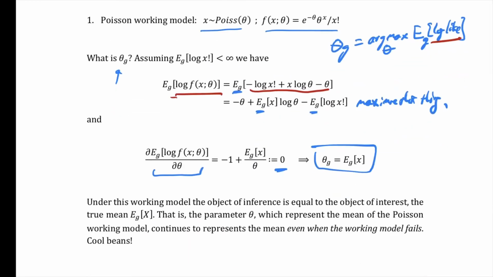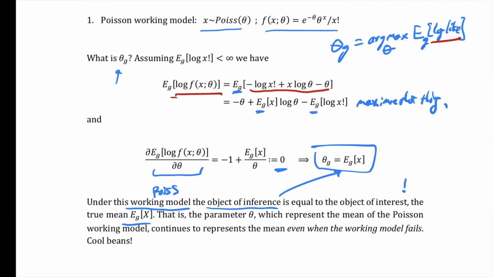What this means is that under the working model, which is the Poisson model, right? Under the Poisson model, the object of inference, the thing that you learn about, is equal to the object of interest, which you determined already a priori, which was the true mean.